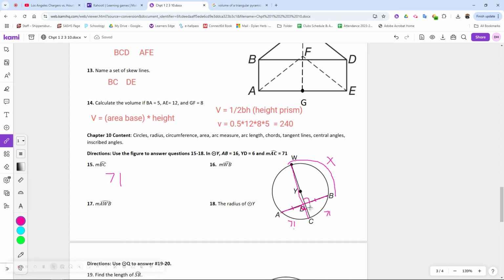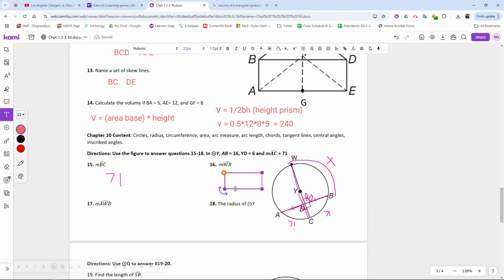But I do know those angles because that's marked with perpendiculars. These are 90. So I know that 90 is the average of 71 and the number that I'm looking for. So the way I do this is 71 is 19 away from 90. So my number over here needs to be 19 more than 90. So I would add 19 to 90 and I would come up with 109.